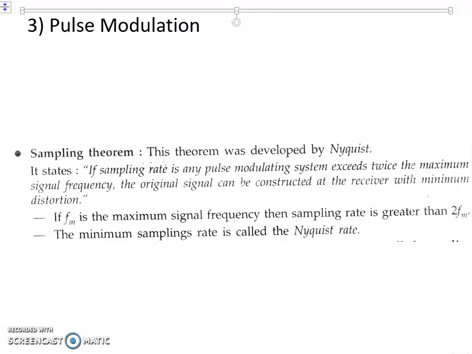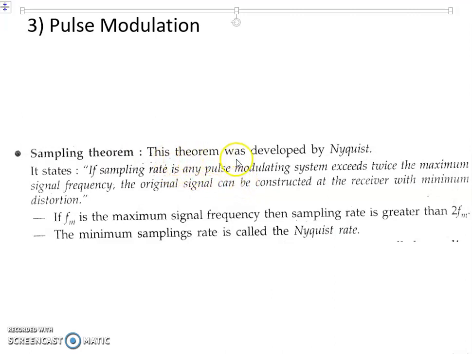Now in pulse modulation, since the analog signal is sampled, the sampling rate is very important. The significance of the sampling rate is given by the sampling theorem.